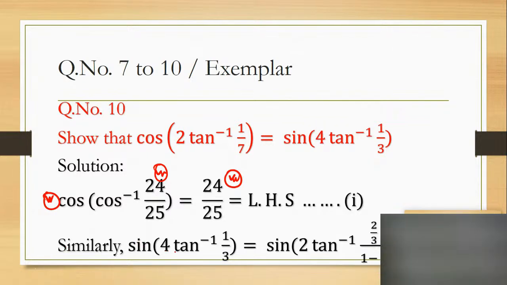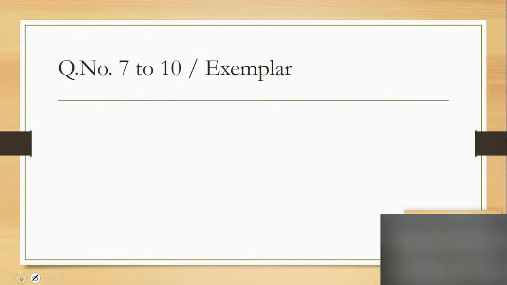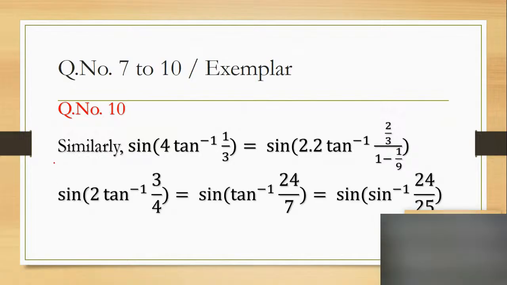Similarly, sine 4 tan inverse 1 by 3 equal to sine 2 into 2 tan inverse 1 by 3, equal to sine 2 into tan inverse 2 by 3 by 1 minus 1 by 9.